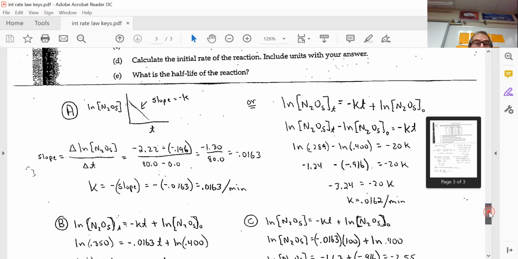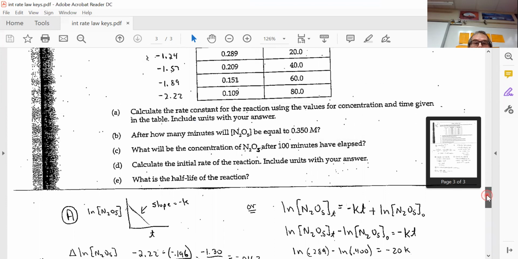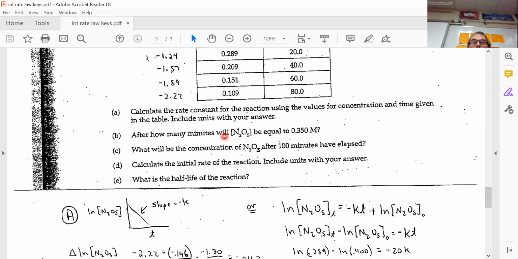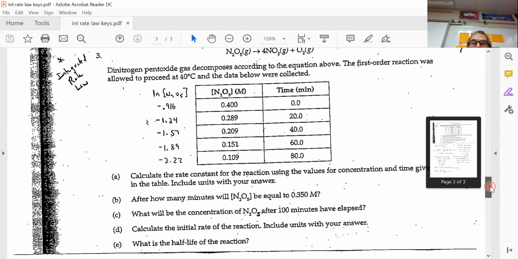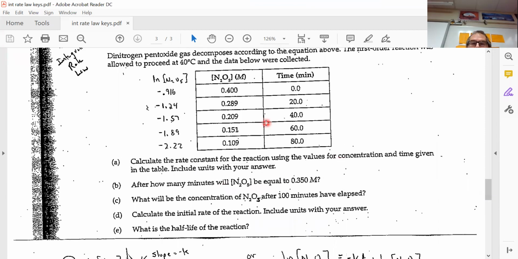Okay, let's take a look at the next question. It says, how many minutes will it take for N2O5 to be equal to 0.350 molar?